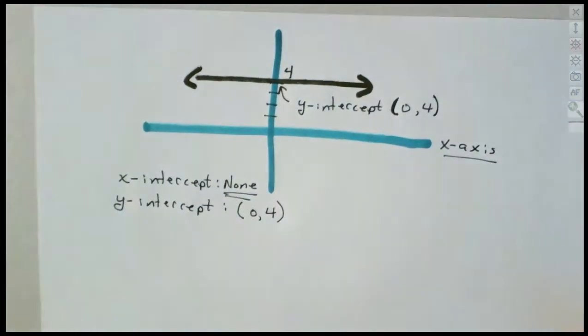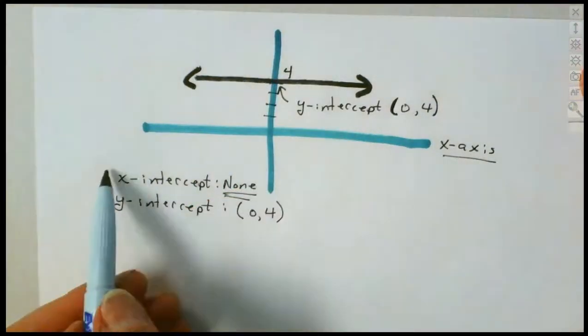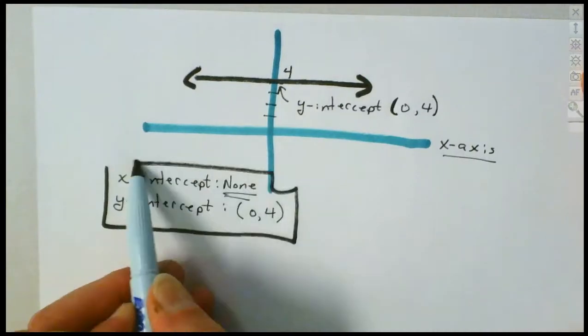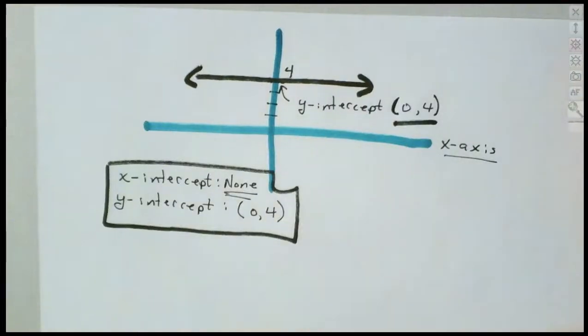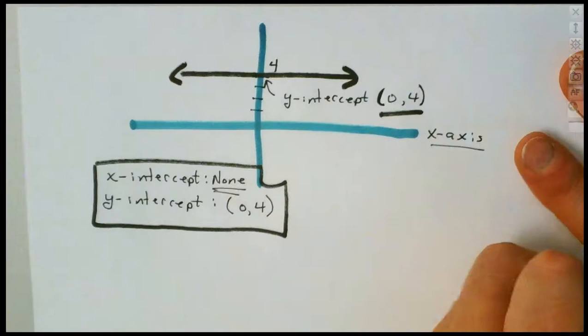Because that's where it crosses the y-axis. Because remember, this is your x-axis, this one's the y-axis, and it crosses that y-axis at 4, and we label it as an ordered pair. Very important that you label it as an ordered pair, and it's going to be 0, 4.